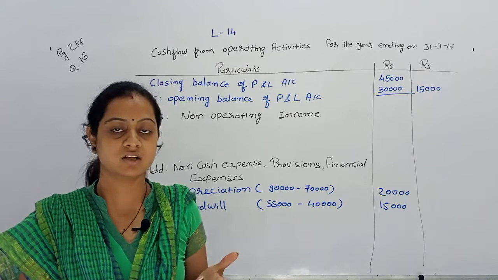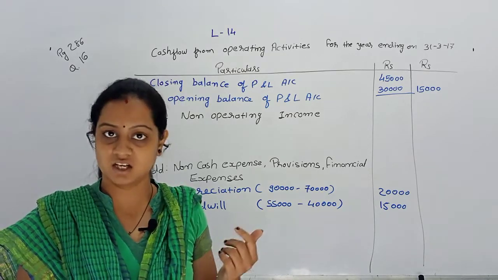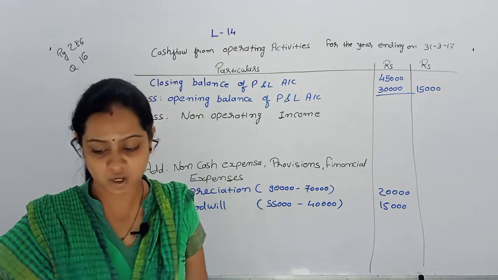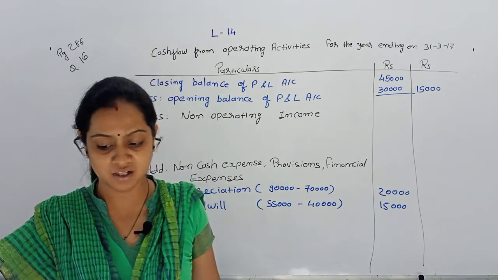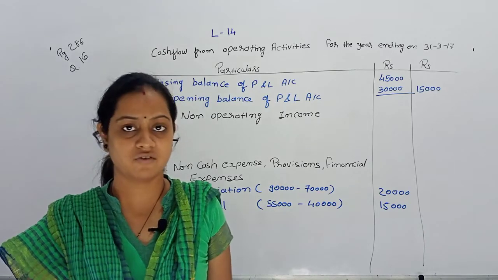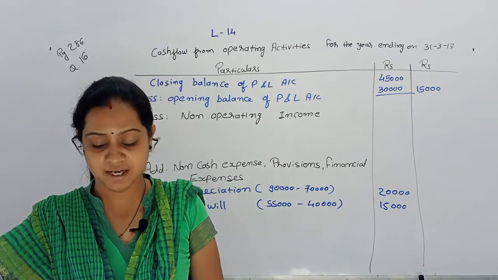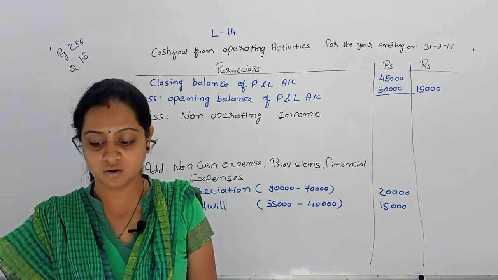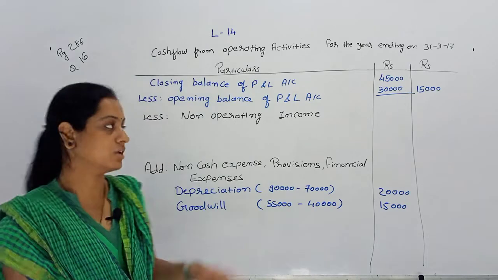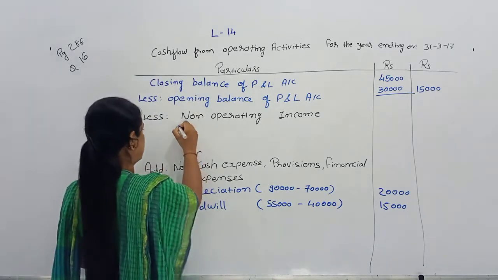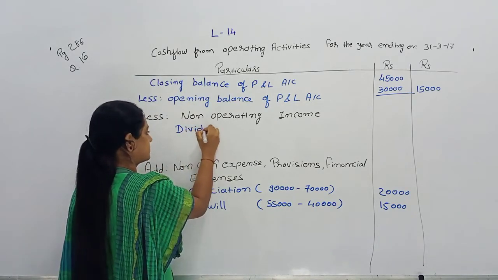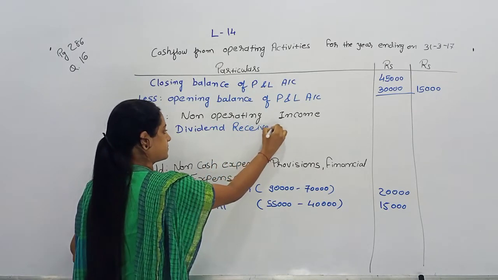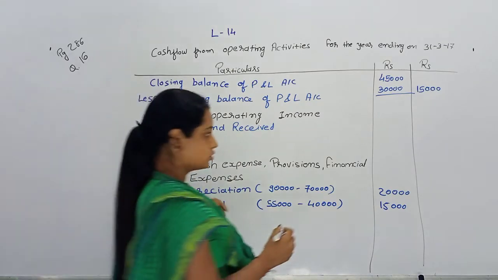Then comes stock. Stock will come in current assets. Then debtors in current assets means after getting the answer of profit before changes in working capital. Then comes bills payable, that will also our current liability. Then prepaid expense, also current assets. Then they give dividend received. Dividend received is our income, that's why I am writing here dividend received. Amount 2,000.